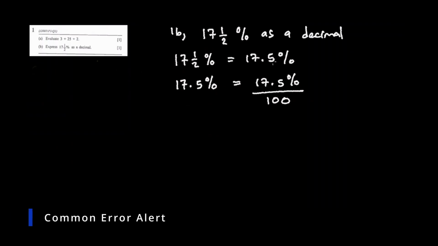So you shouldn't be confused and think that 17.5% is the answer we require. No, we want to remove the percentage and have this as a decimal. In order for us to remove the percentage, we have to divide by 100. So the way we write it, we can put it as 17.5 over 100. Now let us divide these.